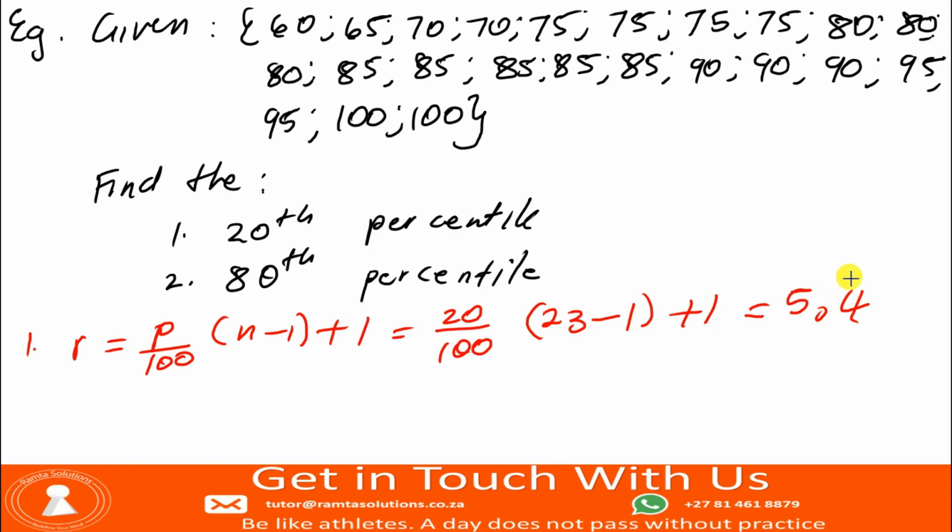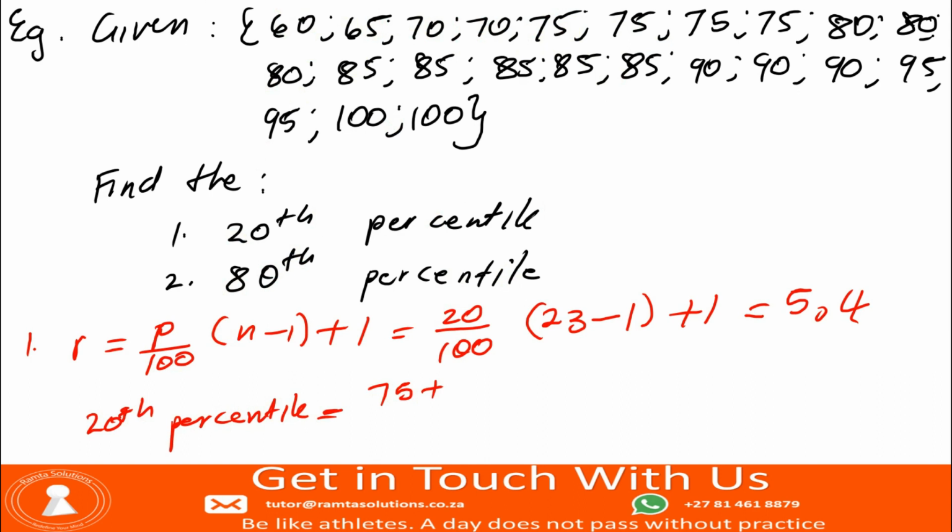So 5.4 is not a whole number, not an integer, I see it is a decimal. So we find the average of the 5th and 6th term. The 20th percentile is, 1, 2, 3, 4, 5, it's 75, plus the 6th, it's 75.